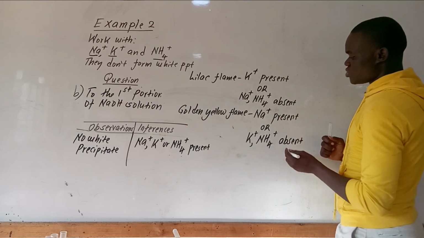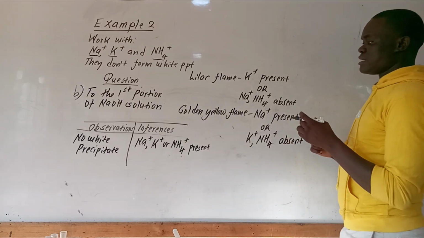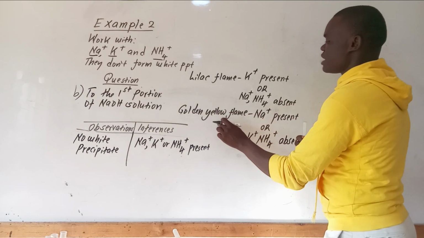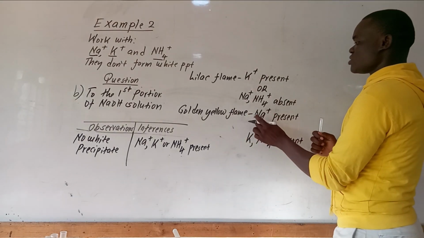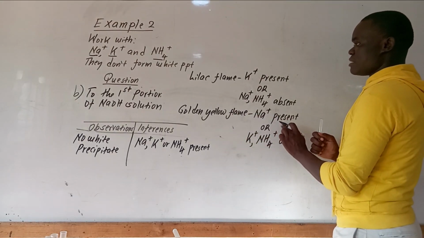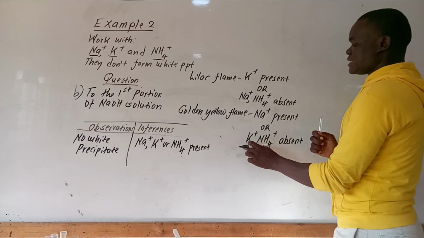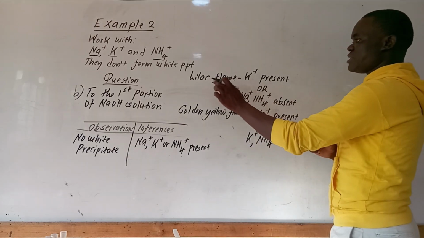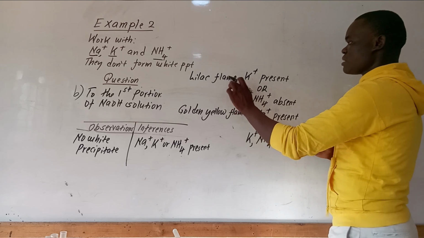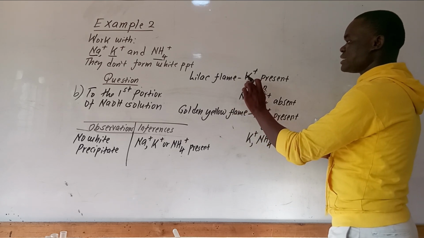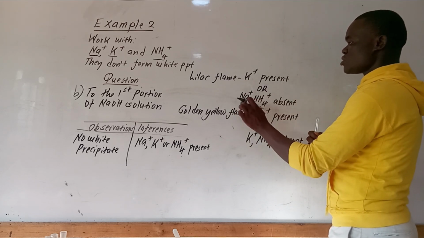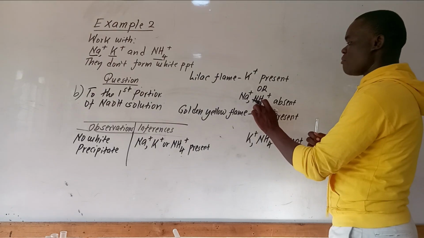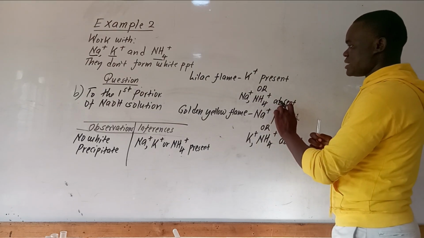So when the solid burns with golden yellow flame, we will be talking about sodium ion present or potassium and ammonium ion absent. But if it burns with a lilac flame, it is potassium present and sodium and ammonium ions absent.